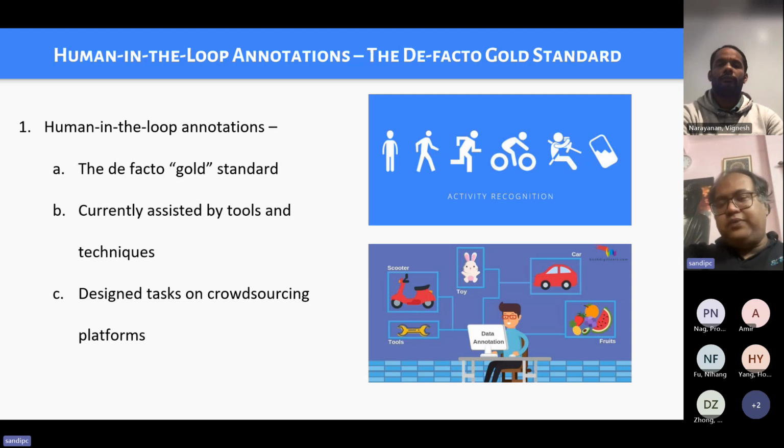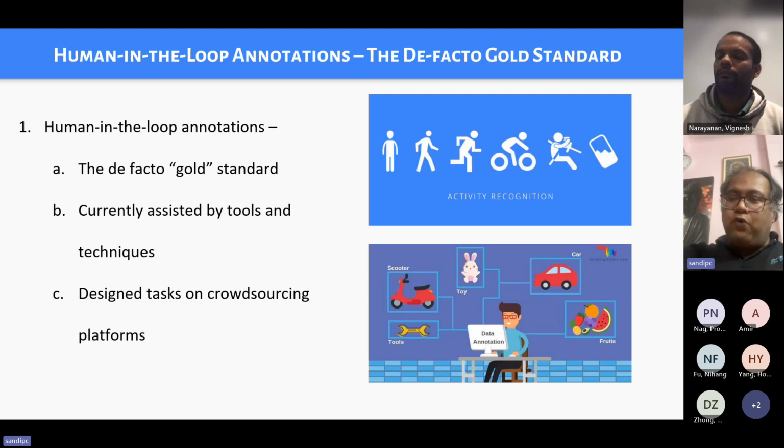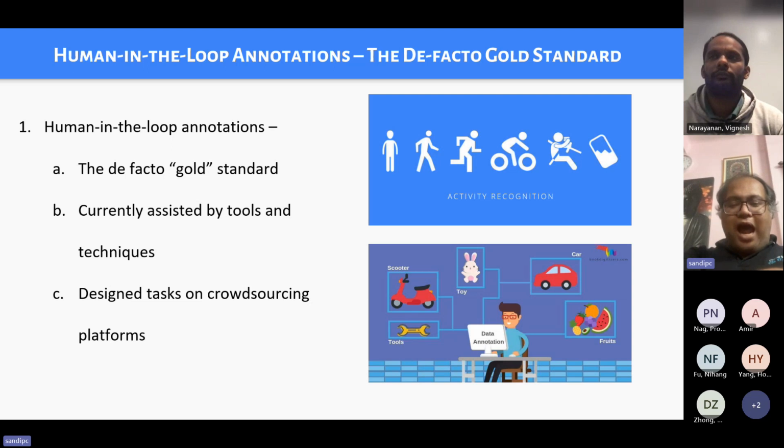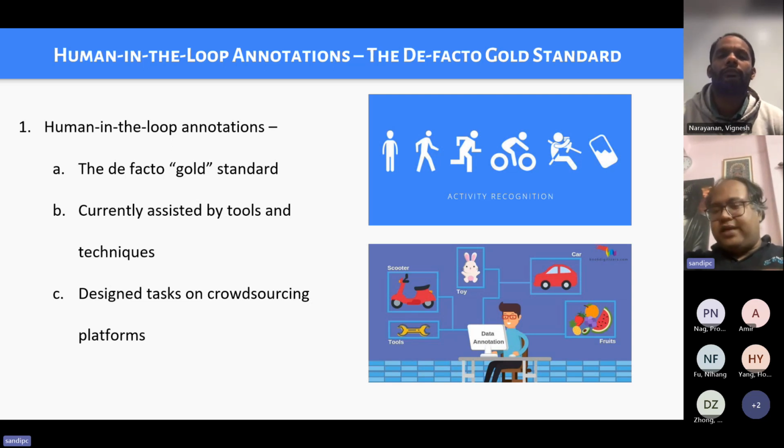We got some initial observations, but we believe there is a lot of scope to work further on this area. So the idea is that, as I mentioned at the beginning of this talk, time and cost is one aspect for which we can go for this automated annotation process through a secondary modality.